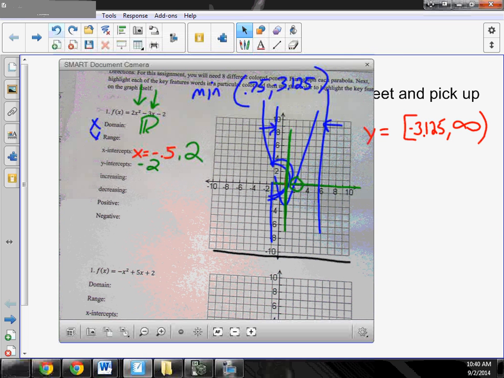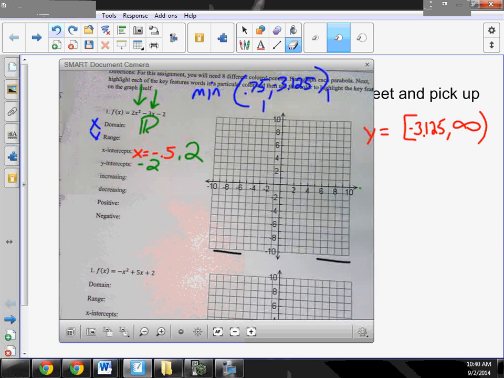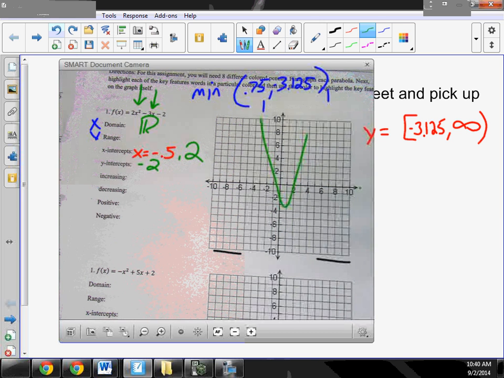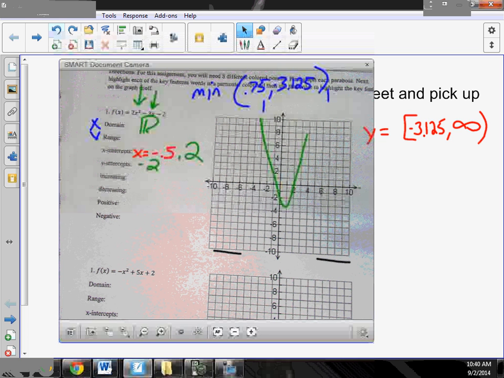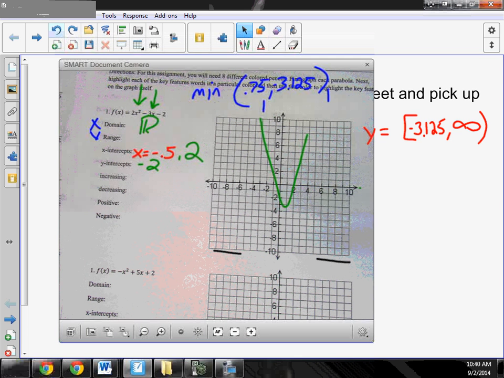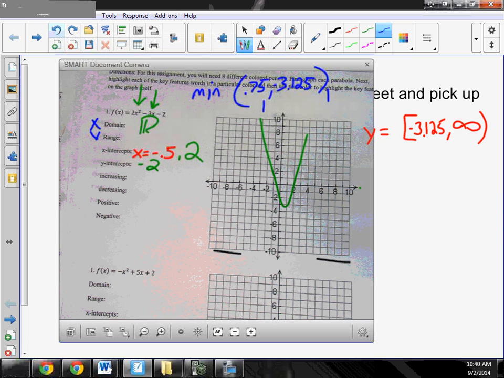Okay. Now here's where it gets a little tricky. I want to know which x values make y values that are increasing. When we drew increasing, what part of the graph was increasing?